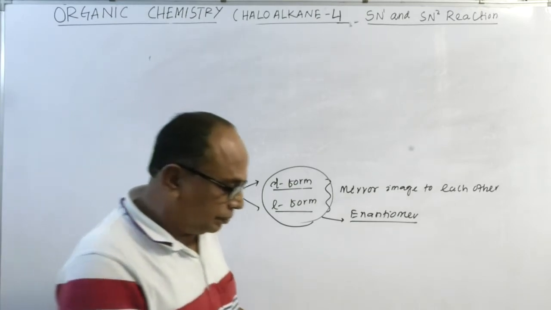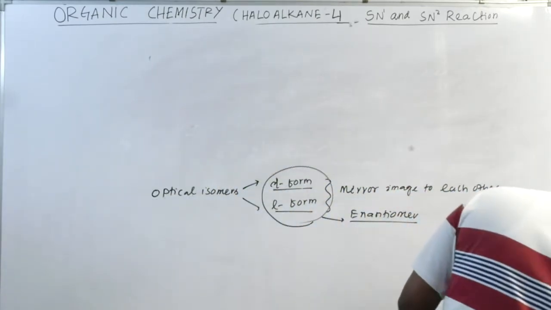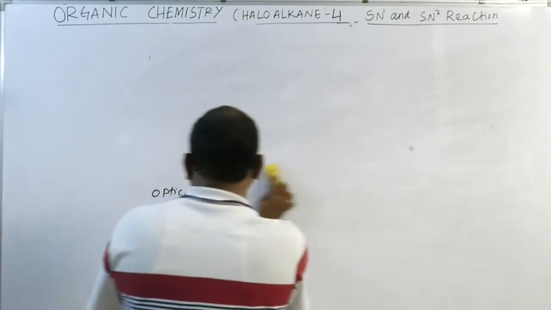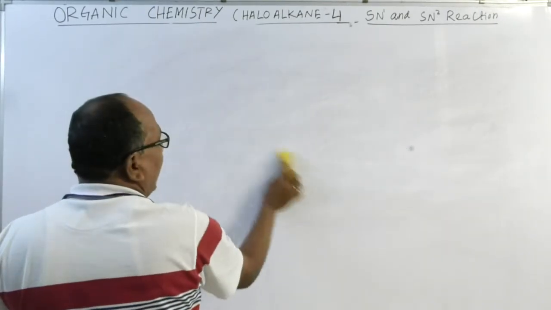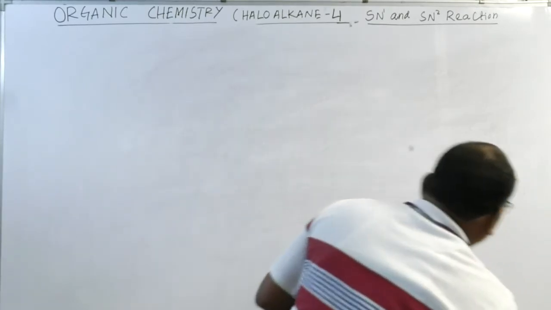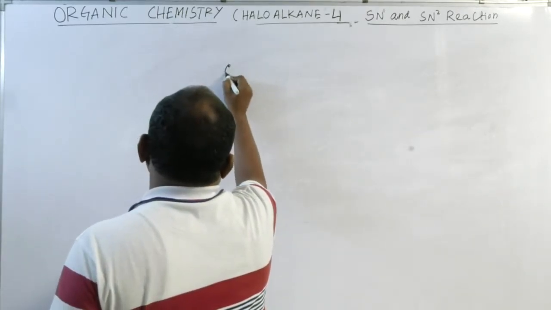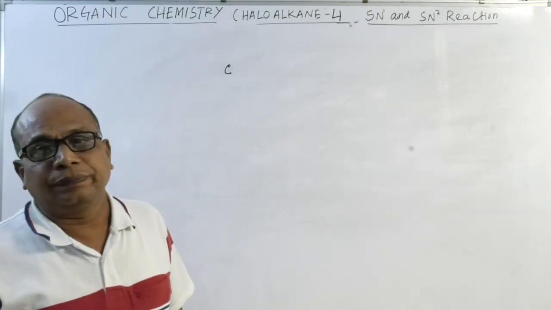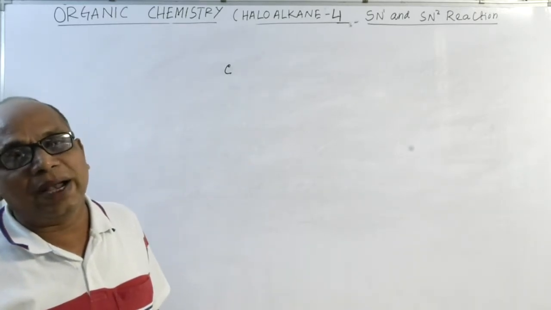Let us see, in organic compounds, carbon has 4 covalency. That means it has 4 covalent bonds.